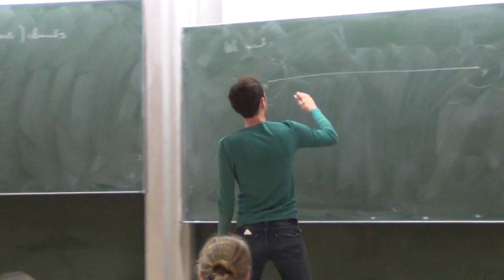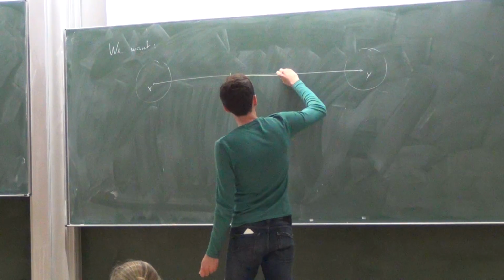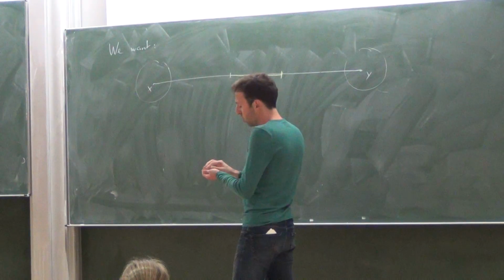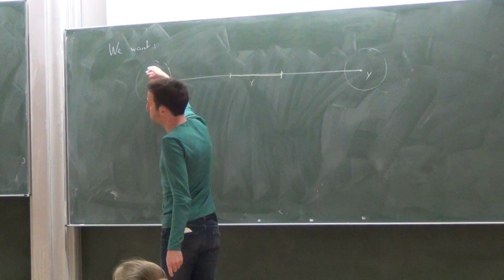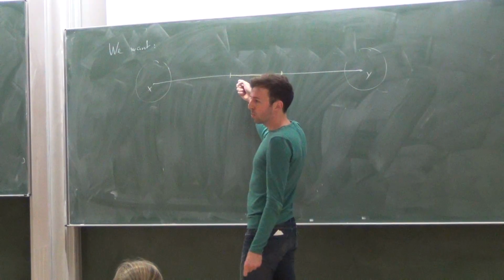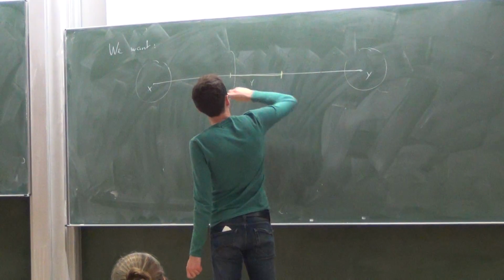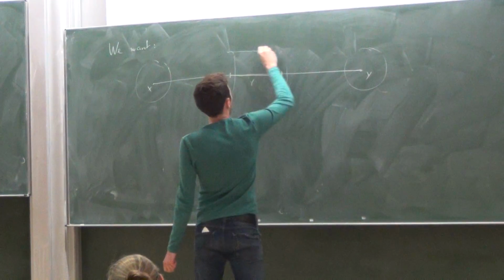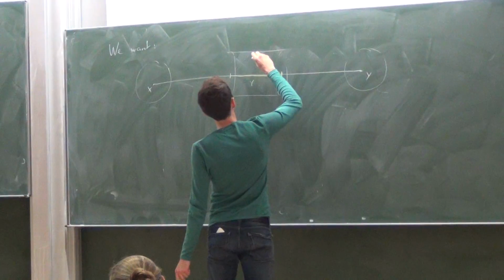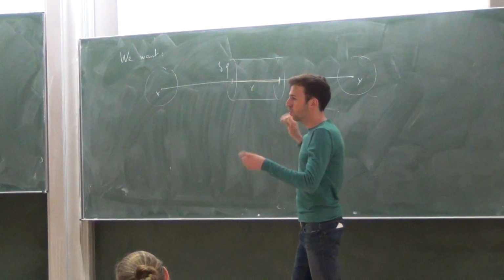If I restrict to a sufficiently long subsegment here, I would like to control what happens for the geodesics from a point here to a point here. I'm not going to be able to say that it has to coincide with gamma here, but because we're in hyperbolic space, it's going to travel in, say, the delta neighborhood, if I'm sufficiently far apart from my two balls.